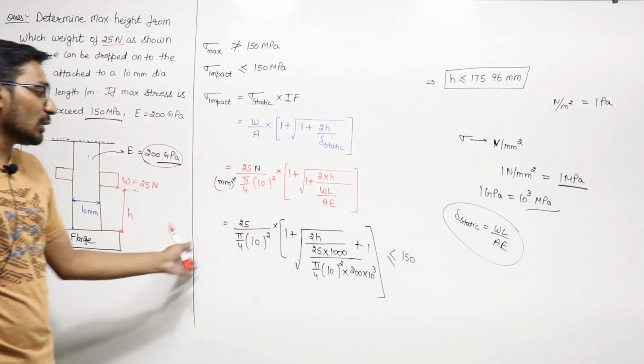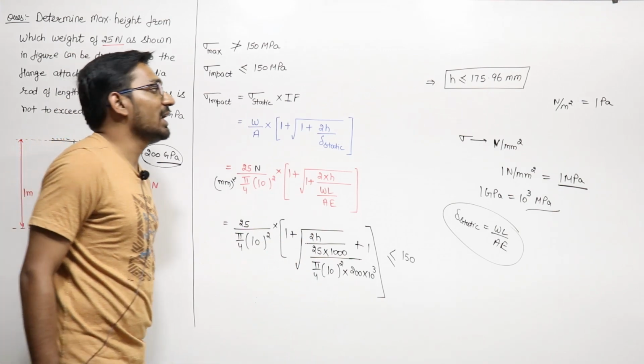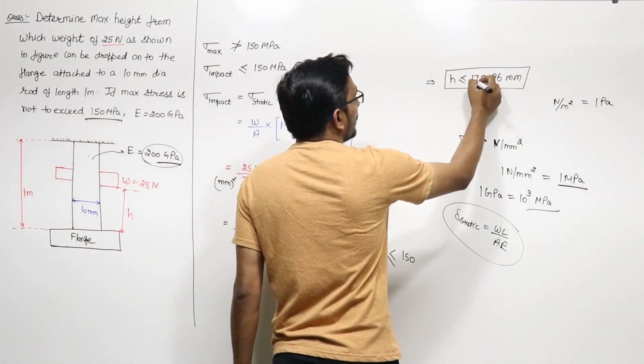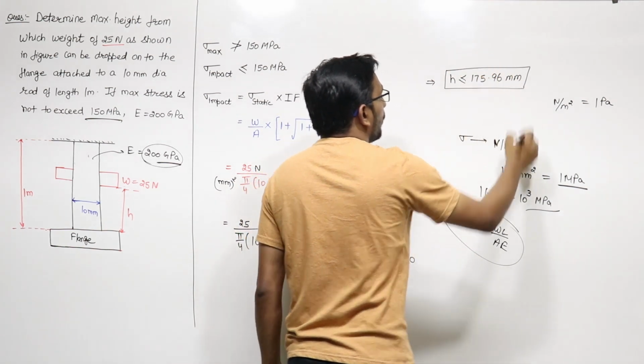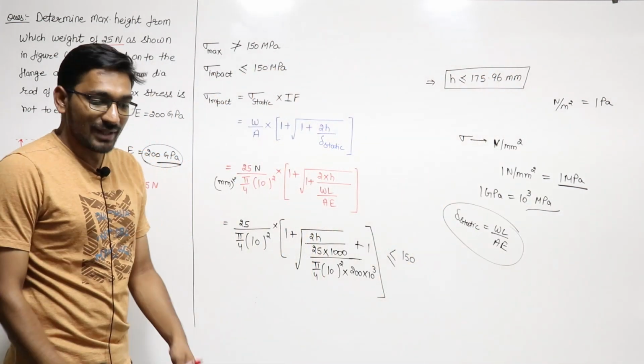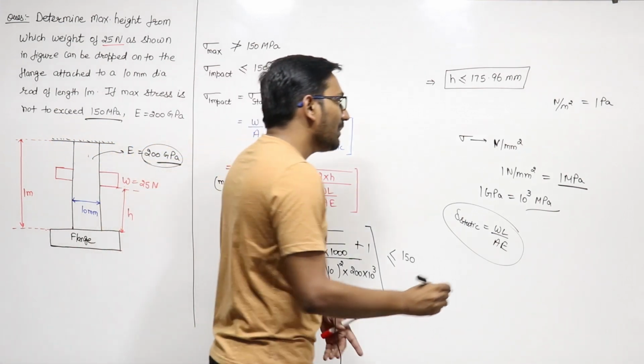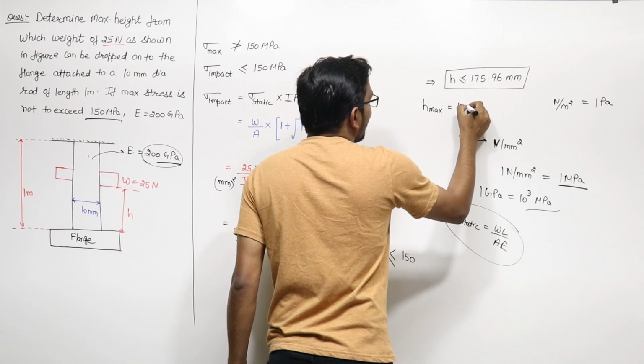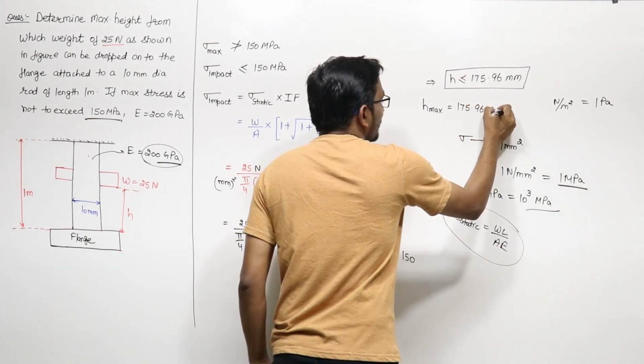If you solve this equation for this height h, then you will get the height h should be less than or equal to 175.96 mm. That means the maximum height which you can afford in this case will be 175.96 mm, right?